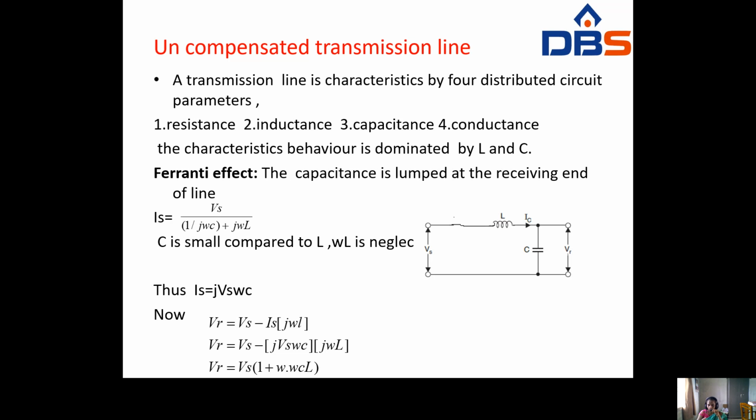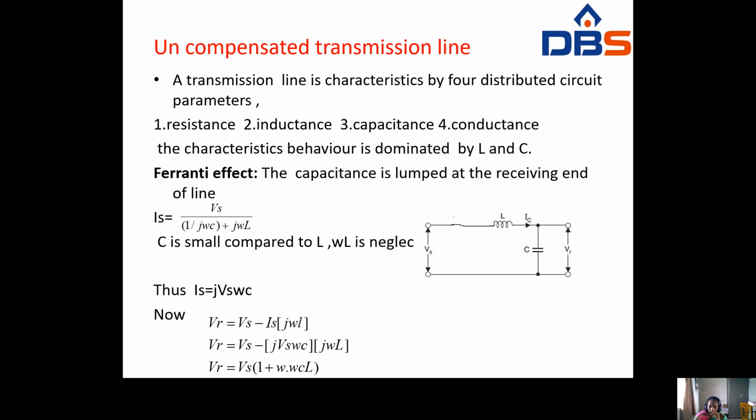So we have to calculate the receiving end voltage by placing a capacitor at the receiving end. Here the capacitance will be lumped at the receiving end of the circuit.